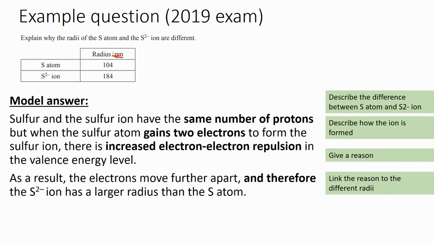So that is an example of an exam question on this topic. We're going to look at further questions in further videos. This video was about atomic radii and ionic radii, and the next videos will be about ionization energy and also electronegativity. Thanks.